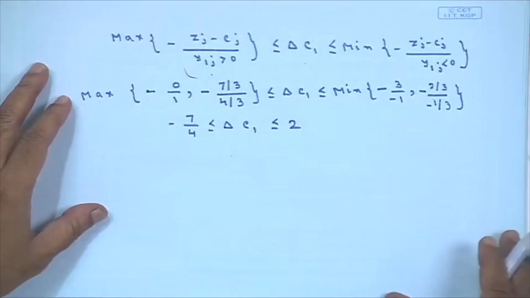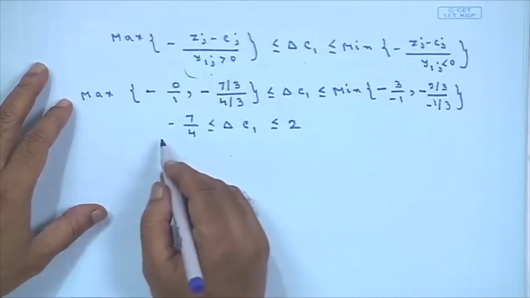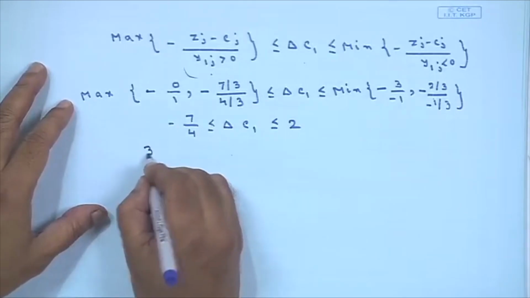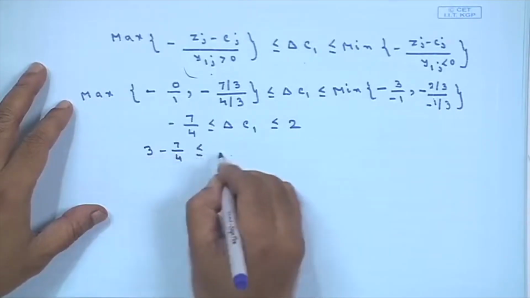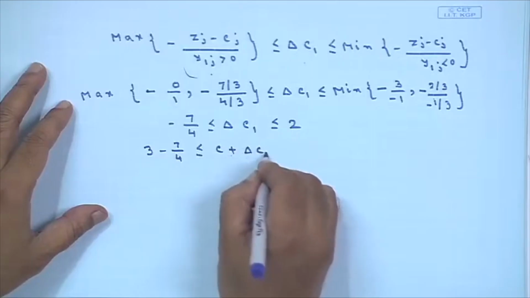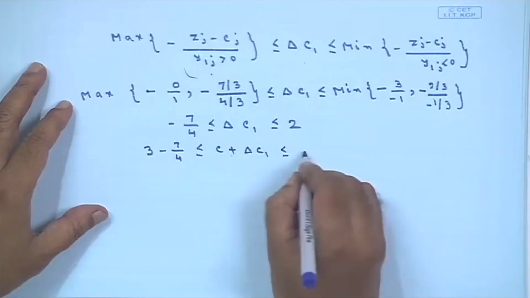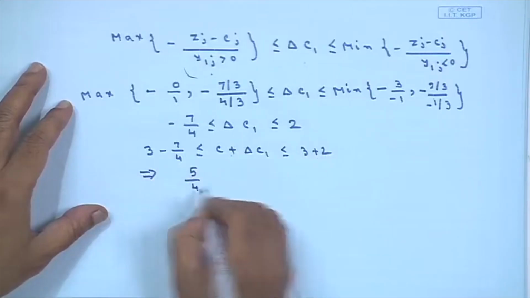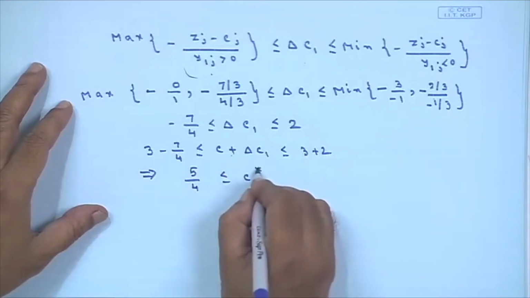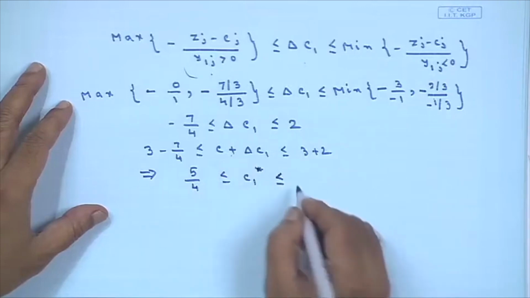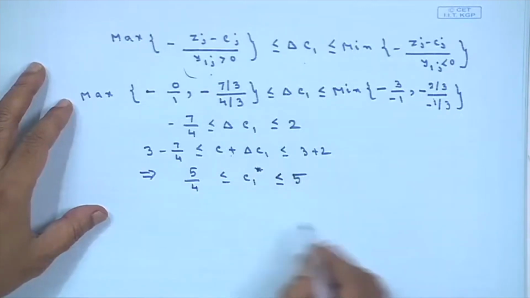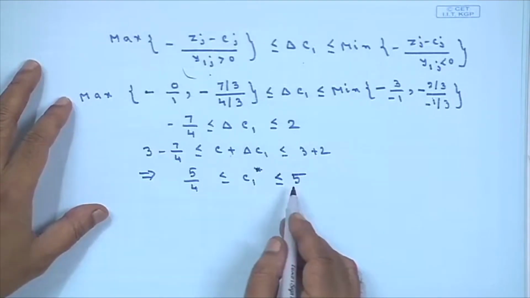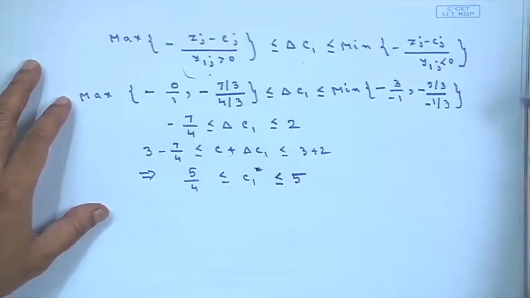The value of C for this problem is 3. Therefore, 3 minus 7 by 4 less than or equal to C plus delta C1, less than or equal to 3 plus 2, which implies that C1 star, or the new value of C, if it lies in this range, there will be no change in the optimal solution.